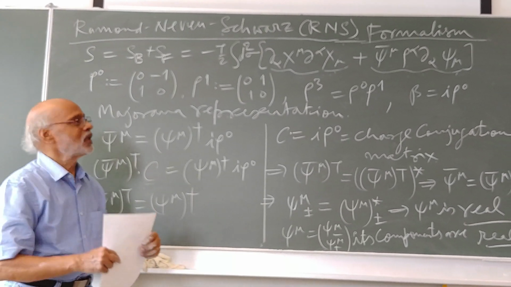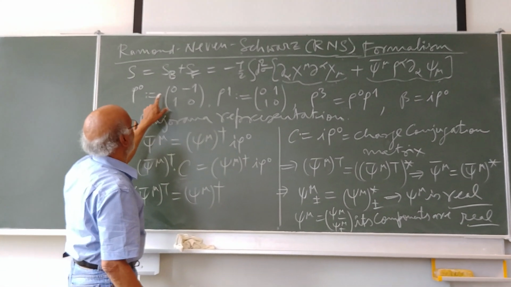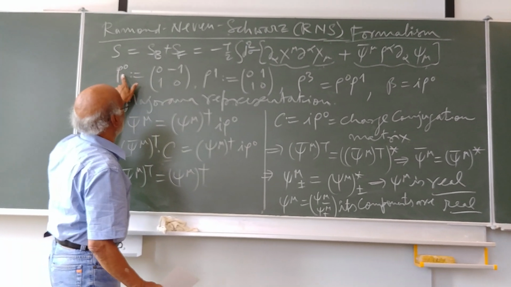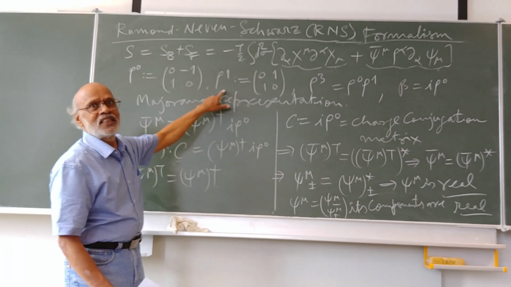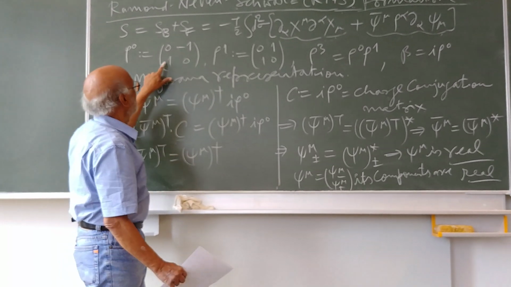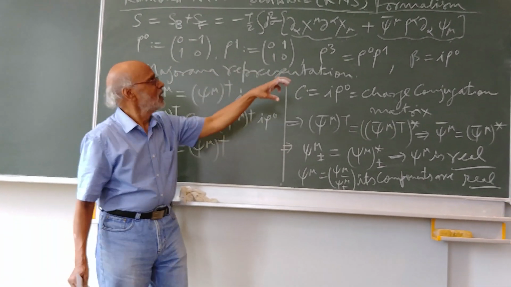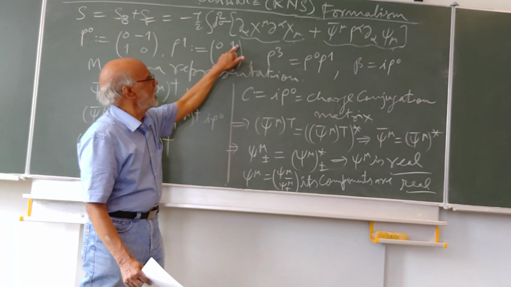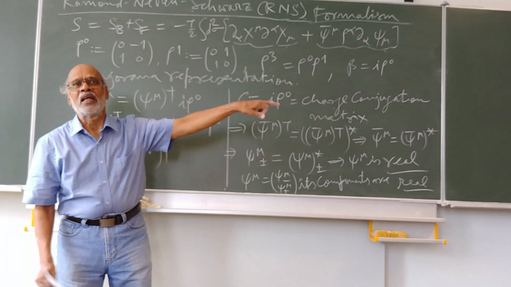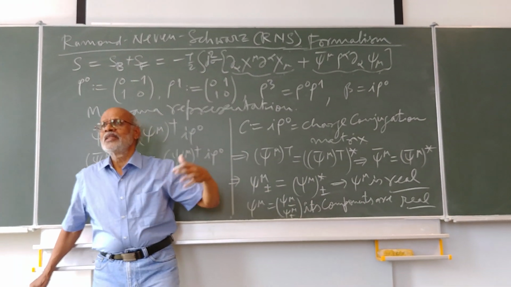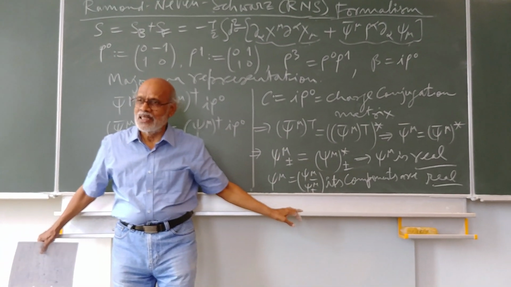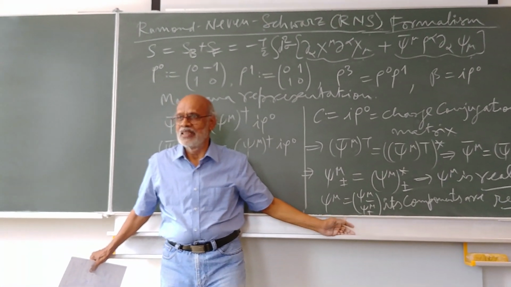Some authors, in the definitions of rho 0 and rho 1, take an iota here, which means overall multiplied by iota, and this also multiplied by iota, so overall multiplied by iota. I have mentioned it, and it's enough to work with one convention.